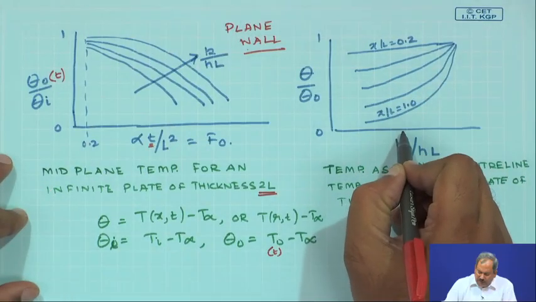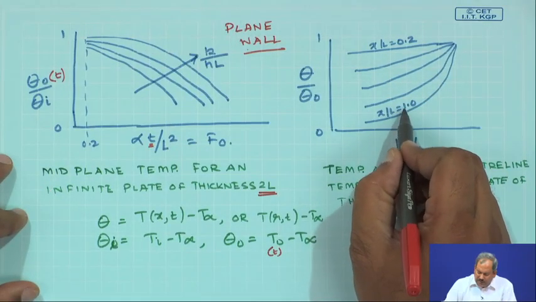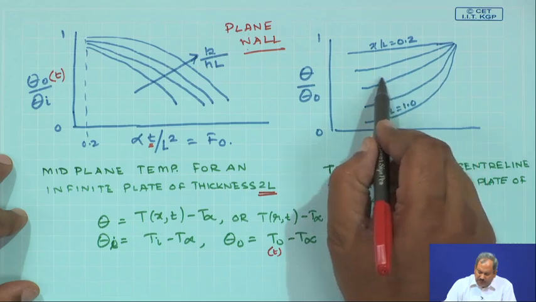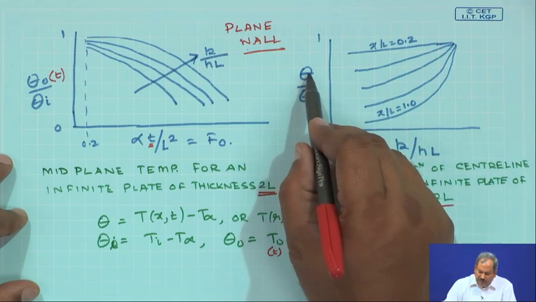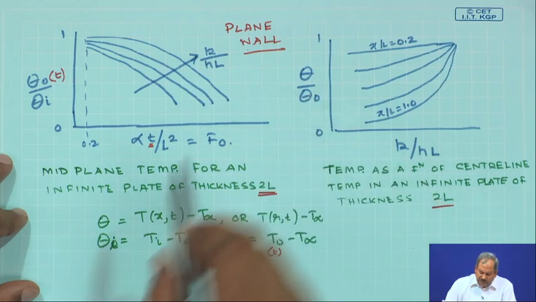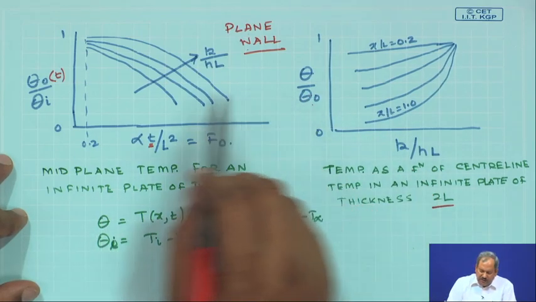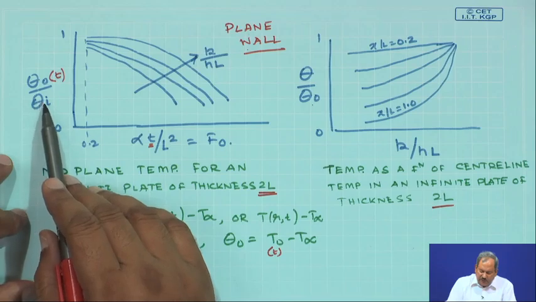So, from the value of inverse of Biot number, you go up to x by L equal to 0.5, come to this side and find out theta by theta 0. What is theta? It is the temperature. What is theta 0? You have already obtained it from curve 1.